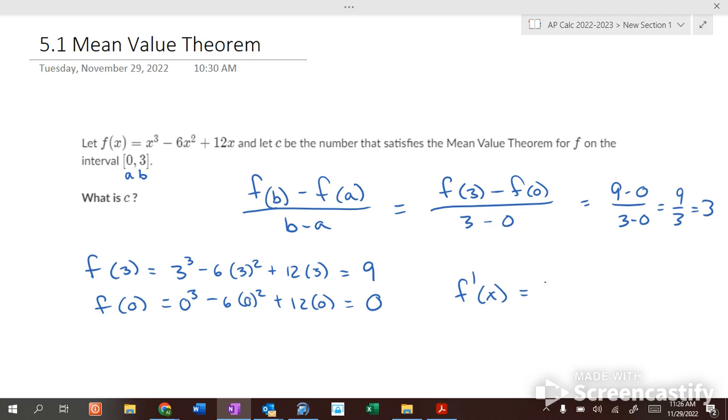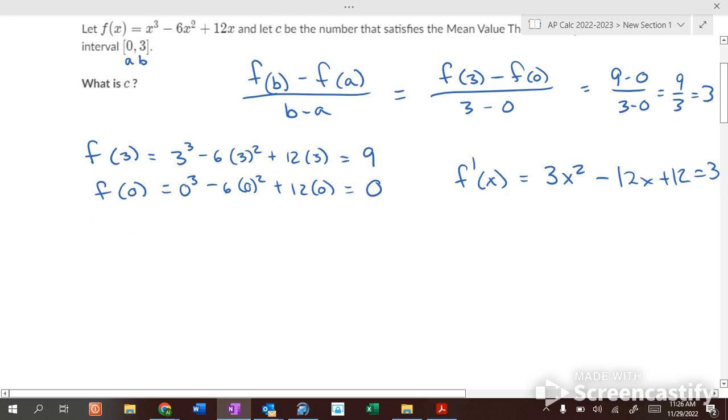Okay? So the first derivative is 3x squared minus 12x plus 12 equal to 3. What can we do to both sides? Divide everything by 3.